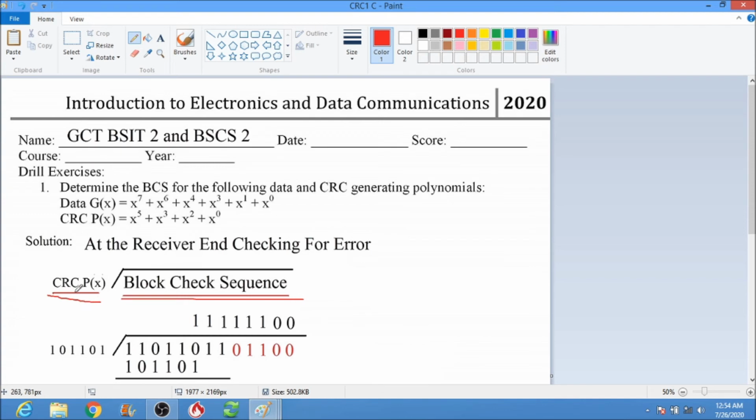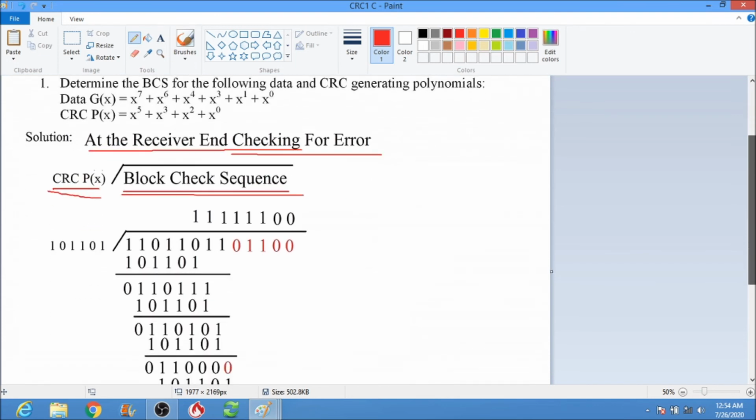So at the receiver end, we are going to check for an error. Again, the block check sequence is this one, divided by our CRC TX.